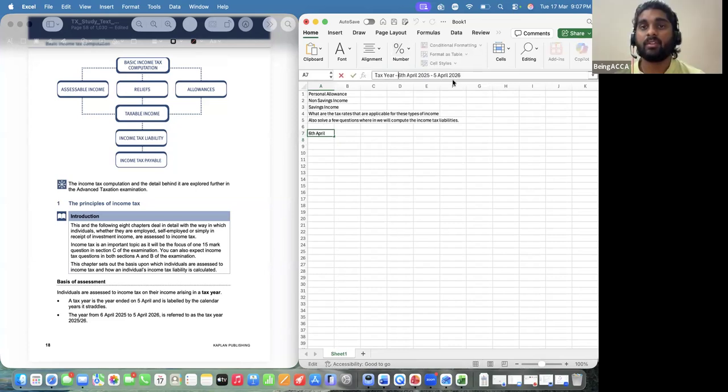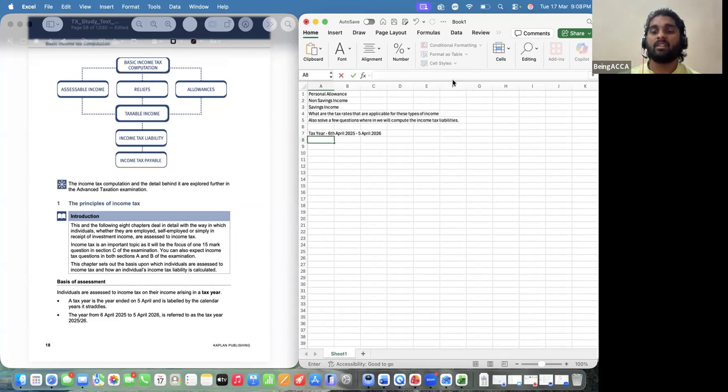Now, what is the purpose of this tax year? Any type of individual income that they earn will not be based on the normal year, that is 1st Jan to 31st December, but will always be based on income from 6th April 2025 to 5th April 2026.